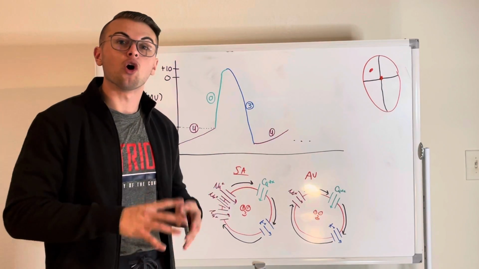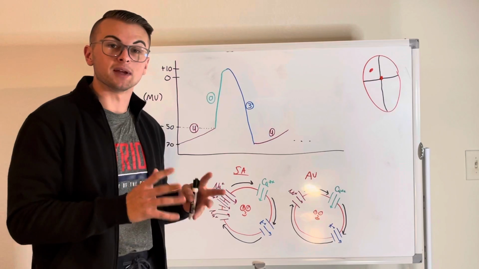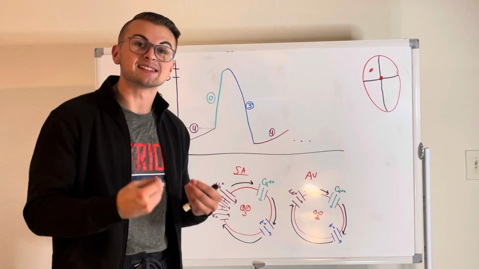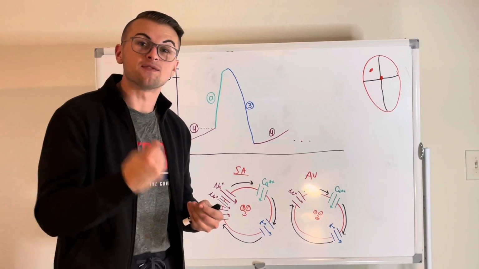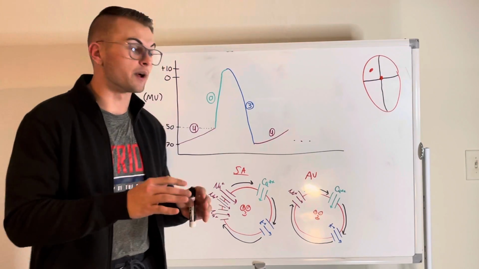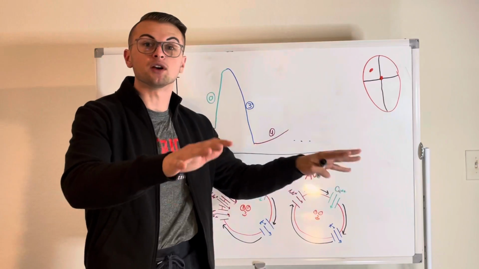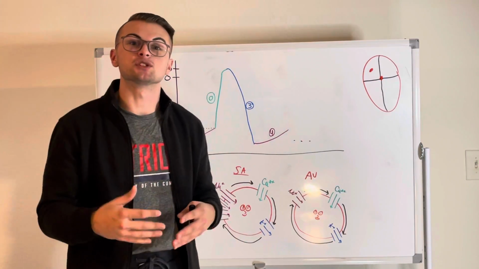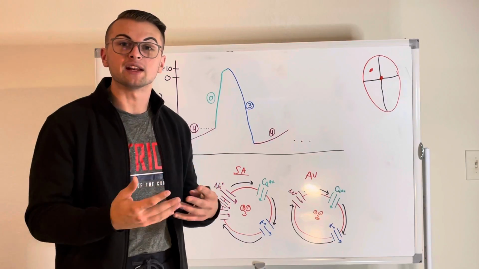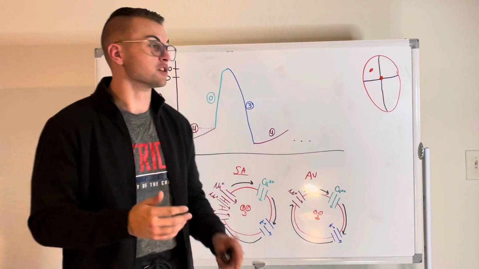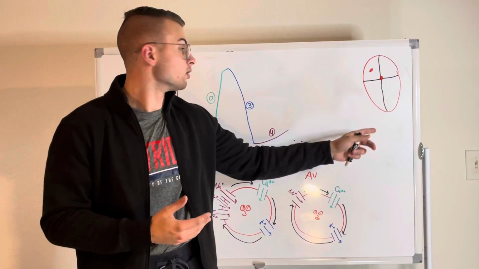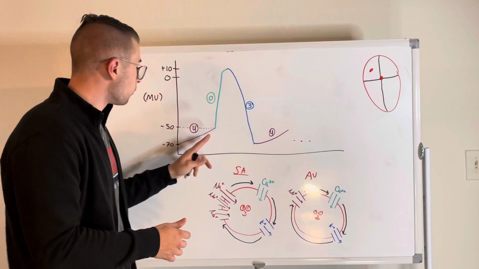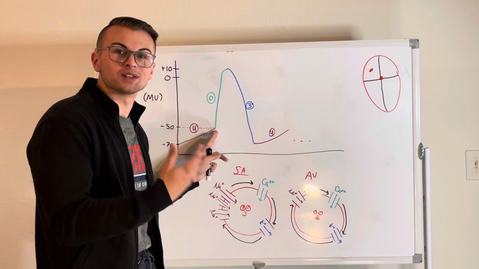This is called overdrive suppression. The SA node is the fastest firing pacemaker cell, so it suppresses all of the other wannabe pacemaker cells. Note that the SA node suppresses all of the latent pacemaker cells in the AV node, the bundles, and the Purkinje cells.